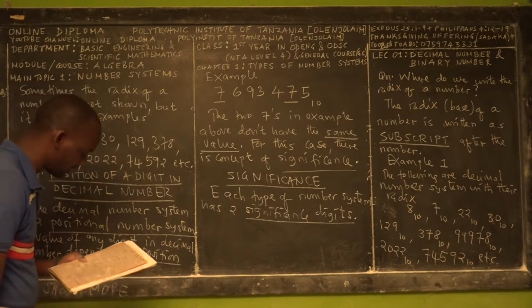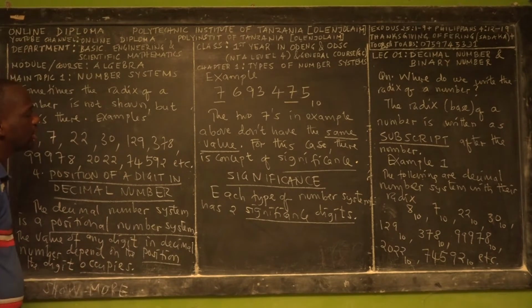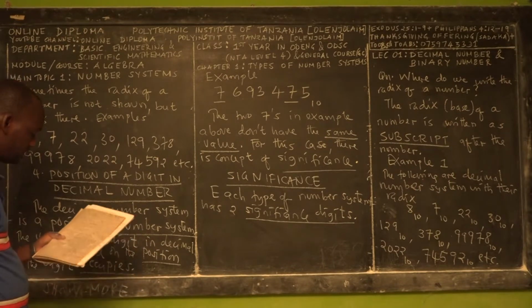So we can call them most significant digit and least significant digit.